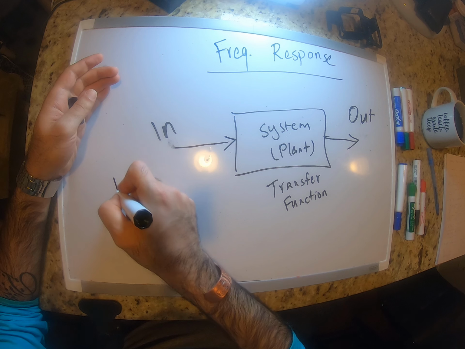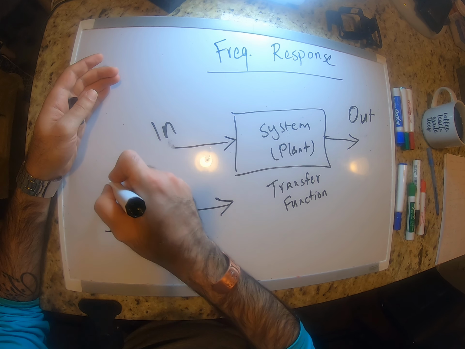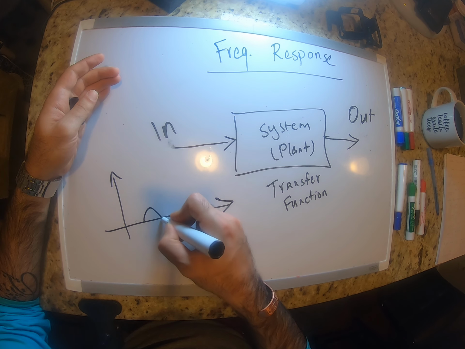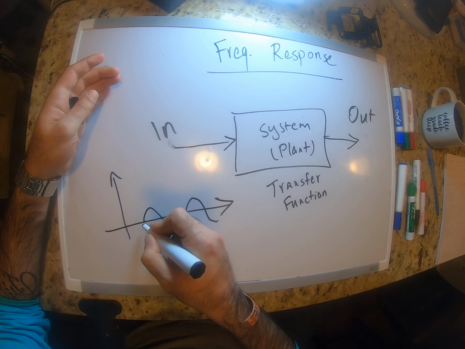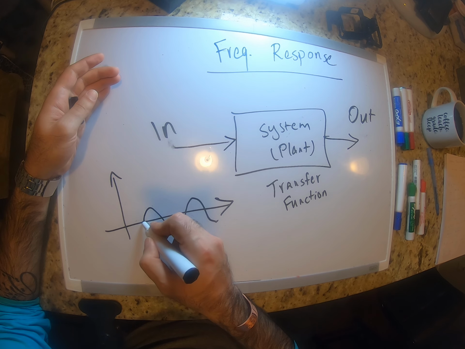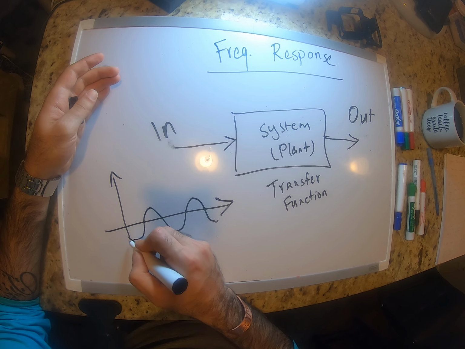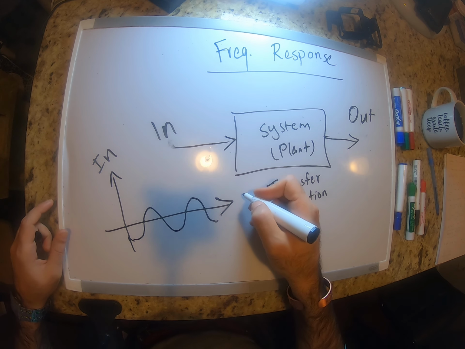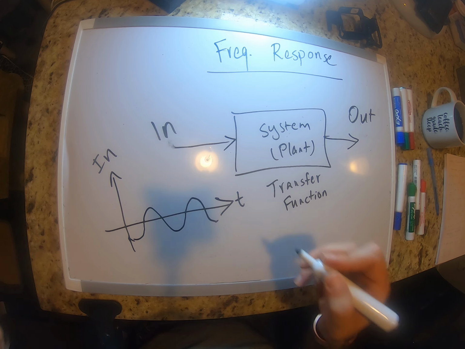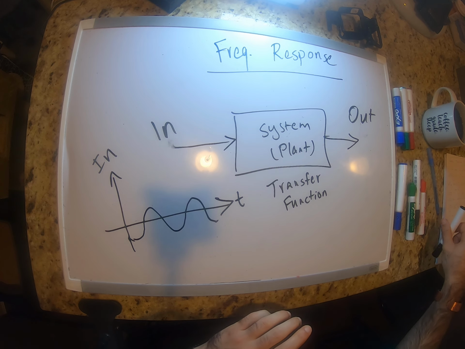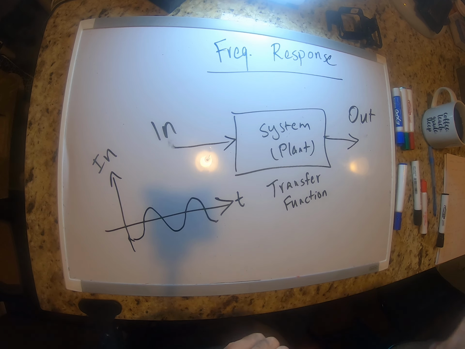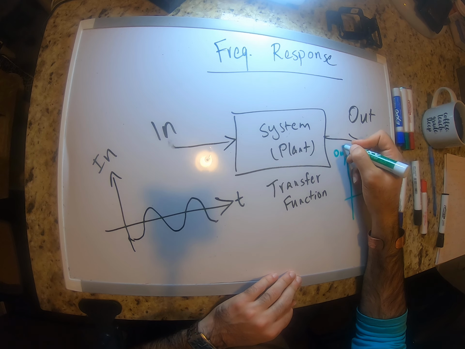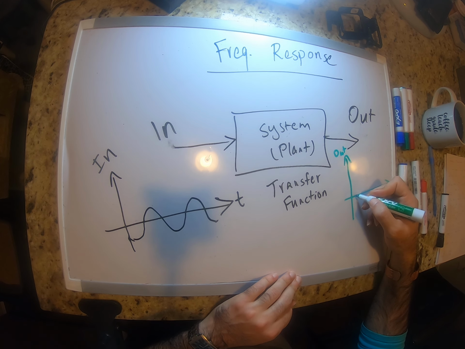So let's assume a sinusoidal input. For example, let's do it like this. Okay, so this is our input, and this is time. Let's say we have an input like this, and we measure the output, and it looks like this.